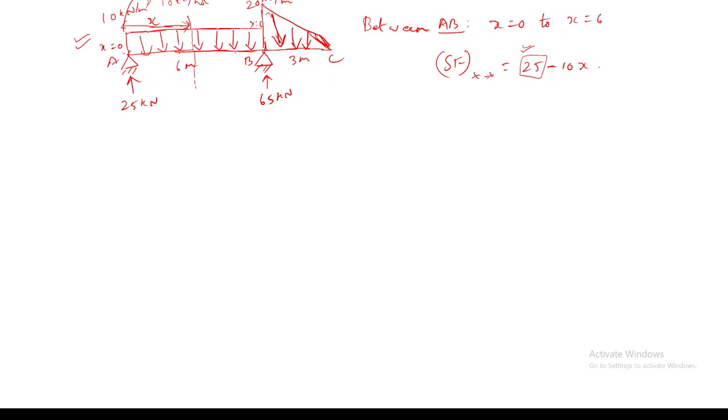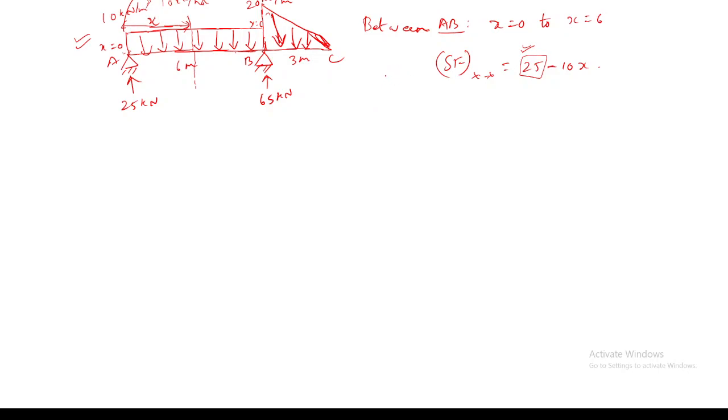The total load will be 10 kilonewtons multiplied by x meters, so it will be 10 into x, and its sign is based on the sign convention. In this case, it is in the downward direction and causes an anti-clockwise effect, so it is minus 10x.